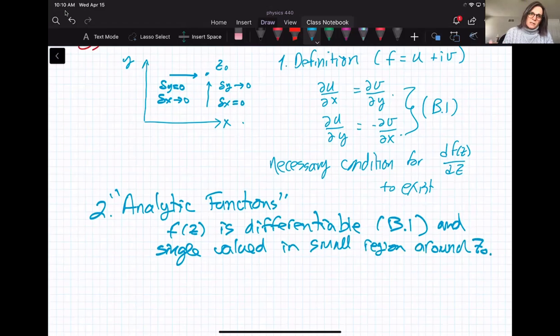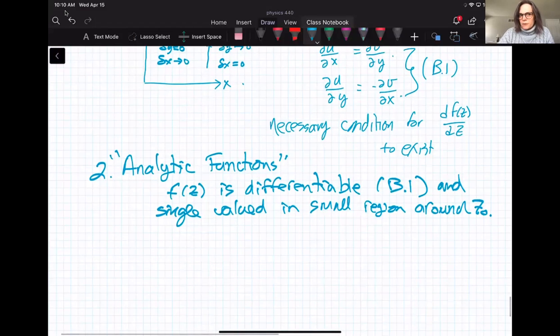There are some special cases where you could have multiple values of the derivative or of f of z. We'll get to those if we need to.